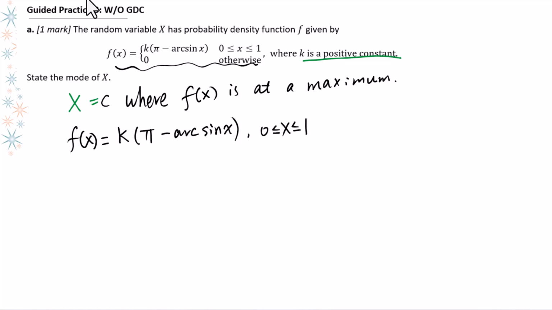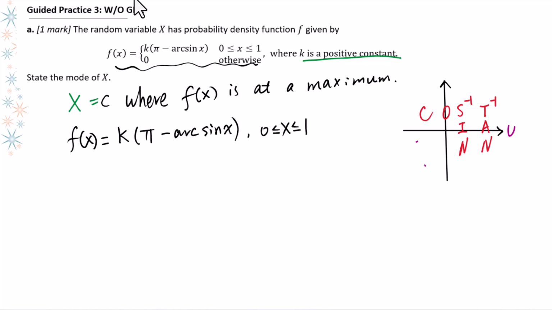Let's talk about inverse trig functions. Let's use this diagram to remember the domain and range of inverse functions. Inverse cosine, inverse sine, inverse tangent. Let's label the range.